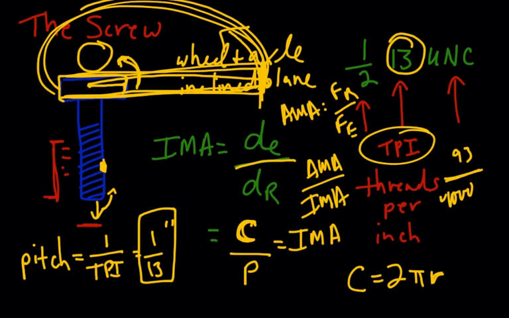Some really big number. You get huge mechanical advantages, but when you actually take your AMA over your IMA, you get really low efficiency.